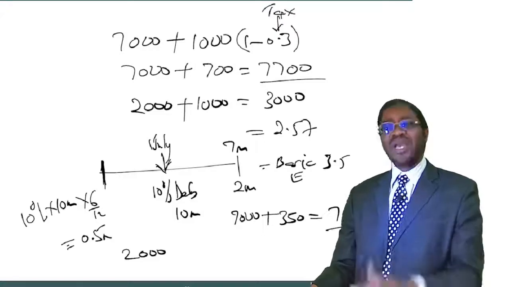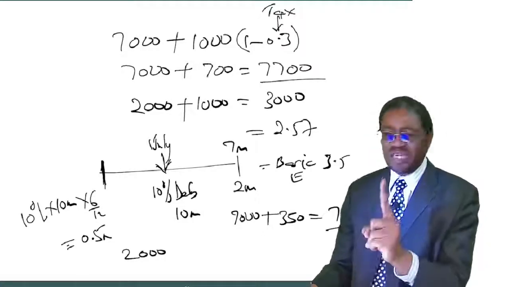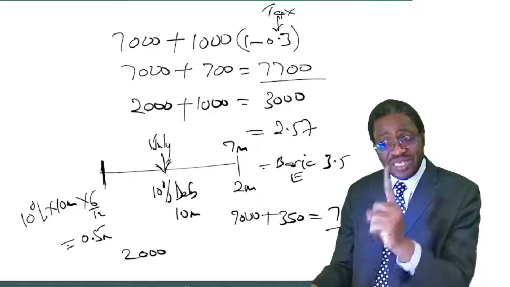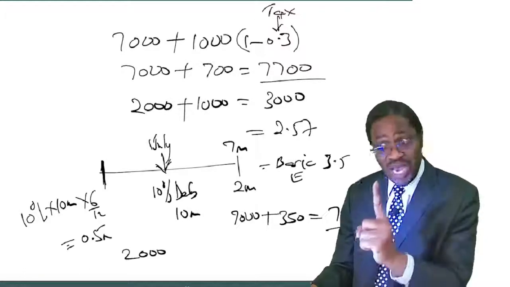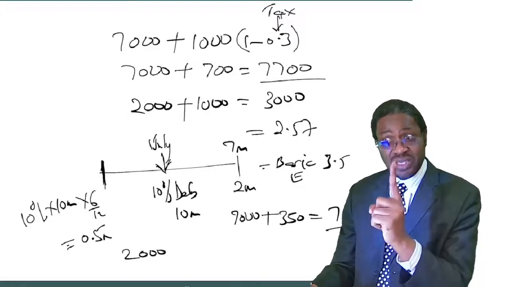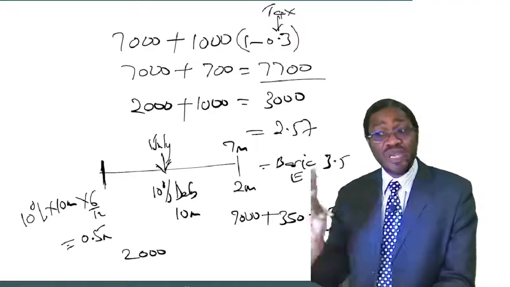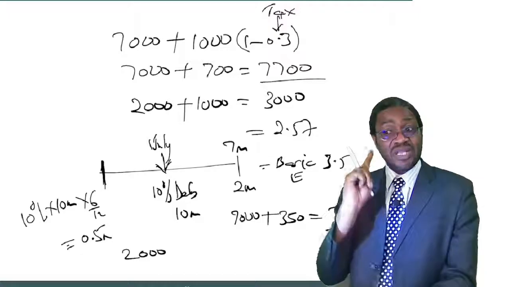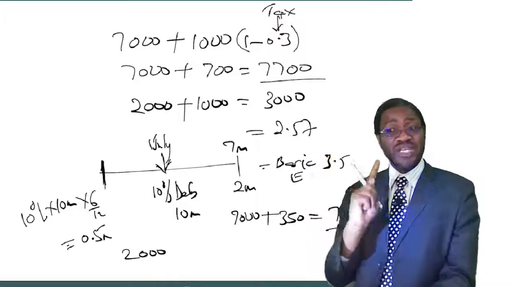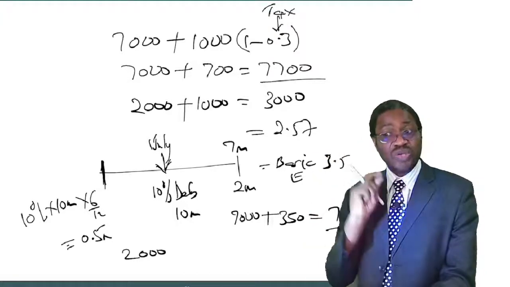Had they converted the debentures on 1st of July when we issued them, then the number of shares would not have been 2 million at the end of the year. No, it would have been different.